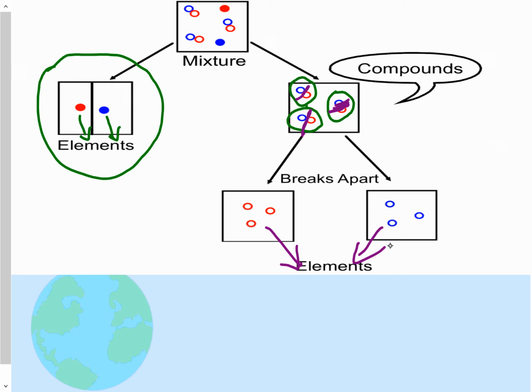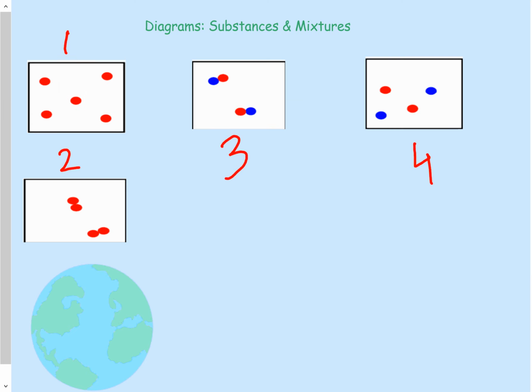So going back to our previous slide, let's review this quickly. If you see only one type of circle, one color, one shape, that means, again, in this case, we're representing one type of circle with a specific color and specific shape as an atom, which we haven't learned too much about yet.